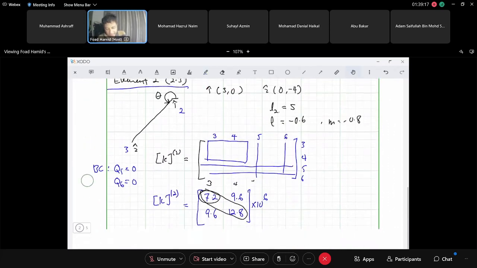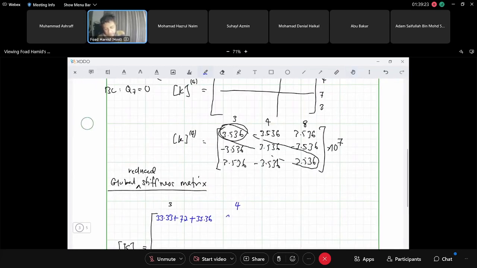Element 2, 9.6 times 10 to the power of 6, plus element 4, which is minus 35.36. And then what about node number 8?